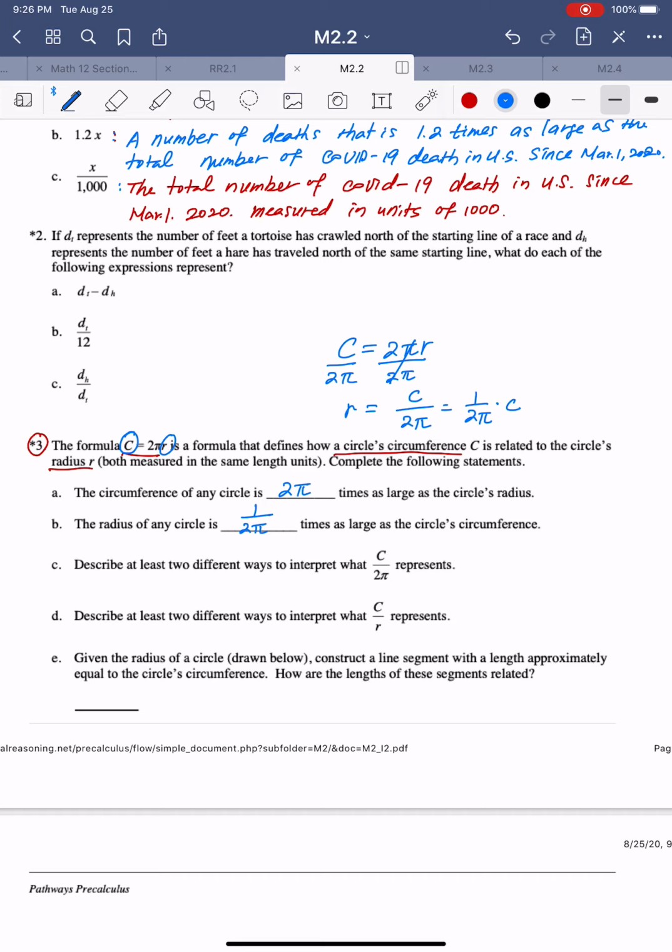So C over 2 pi represents the length of the radius, which is r of the circle, and also the circumference C of the circle, which is any circle, is C over 2 pi times as large as 2 pi.